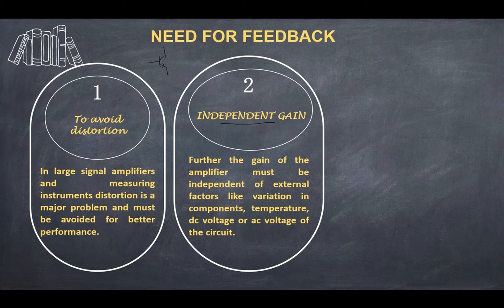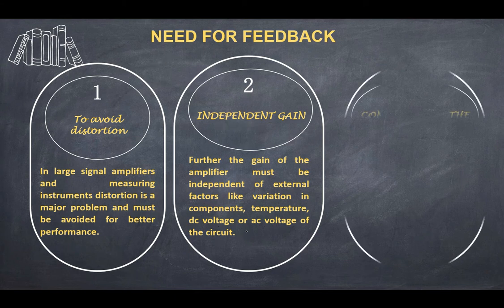So the gain of the amplifier must be independent of external factors. External factors means variation in components, temperature, biasing voltage or the input voltage, whatever it is. It should give me a gain which has been designed. So for this I use a feedback signal.